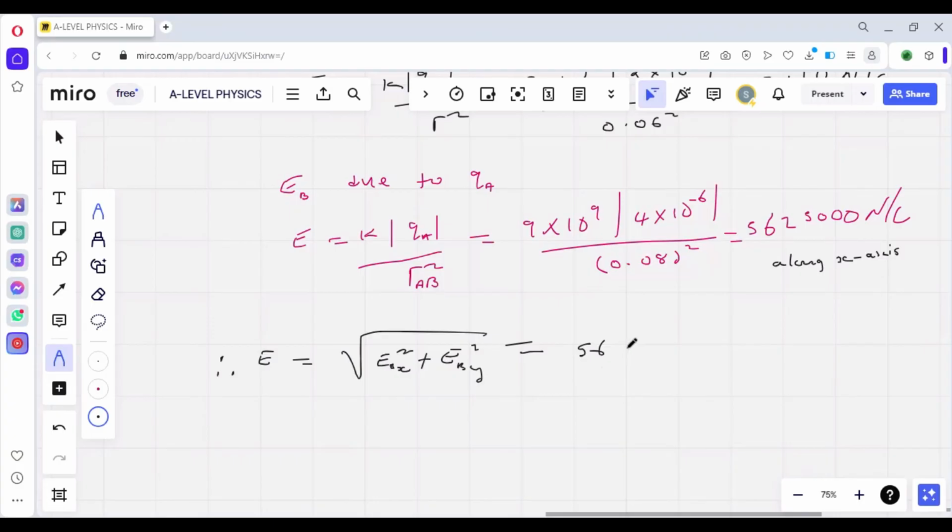So we have 5,625,000 squared plus 5,000,000 squared, then we take the root. Let us compute that.